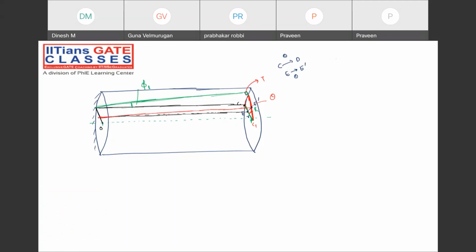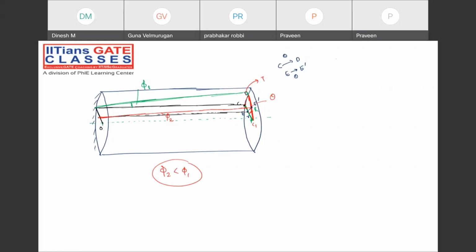Now, can you see, my dear friend? Phi 2 is less than phi 1. Now it's clear. When the shaft has been twisted from C to D and from E to E dash, where will the shear angle on the surface of the shaft be maximum? Look at it with your own eyes. That's the figure I want to show.